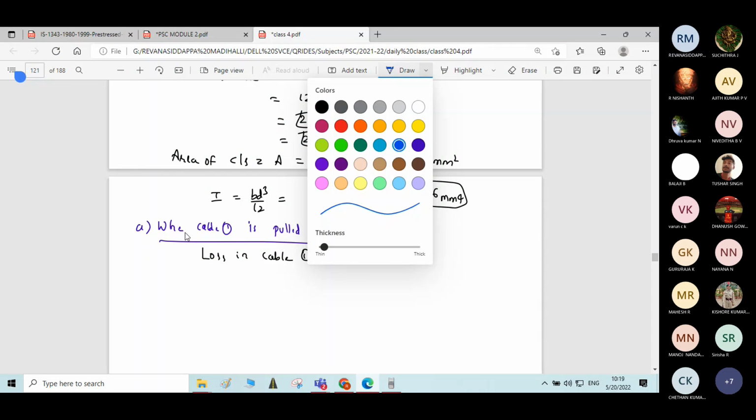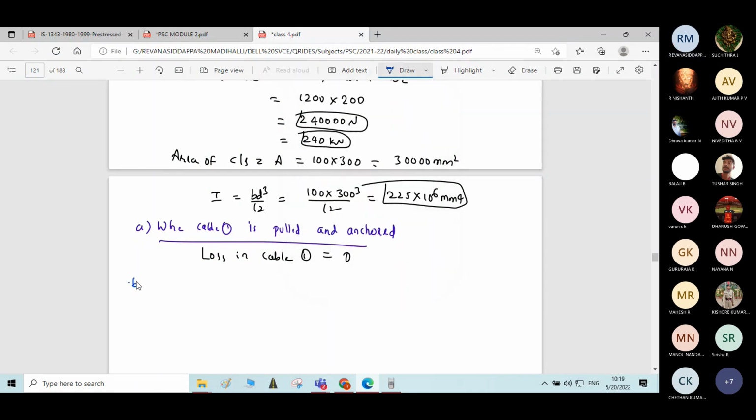Second one, when cable 2 is pulled and anchored.